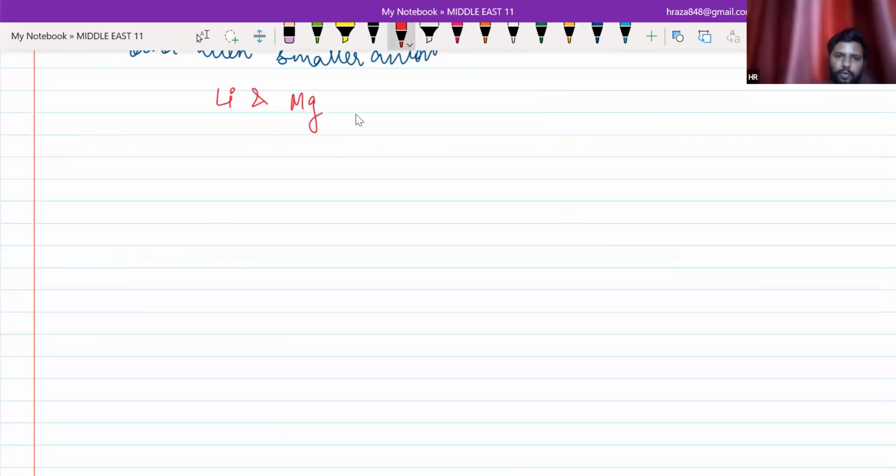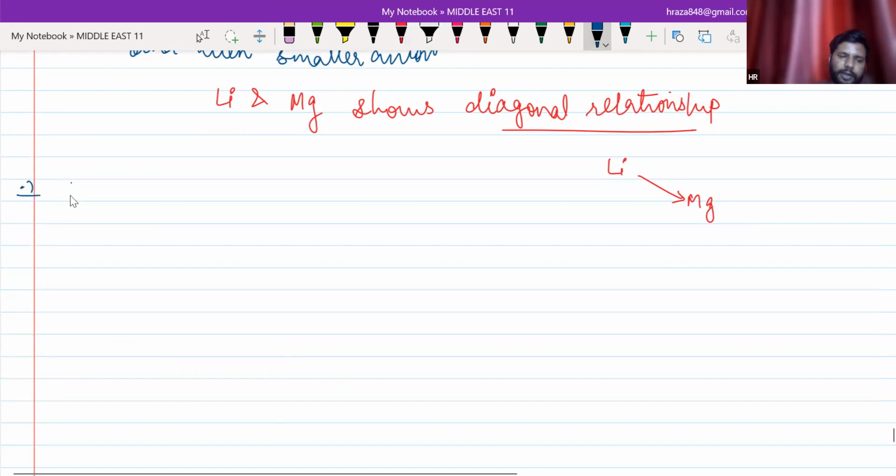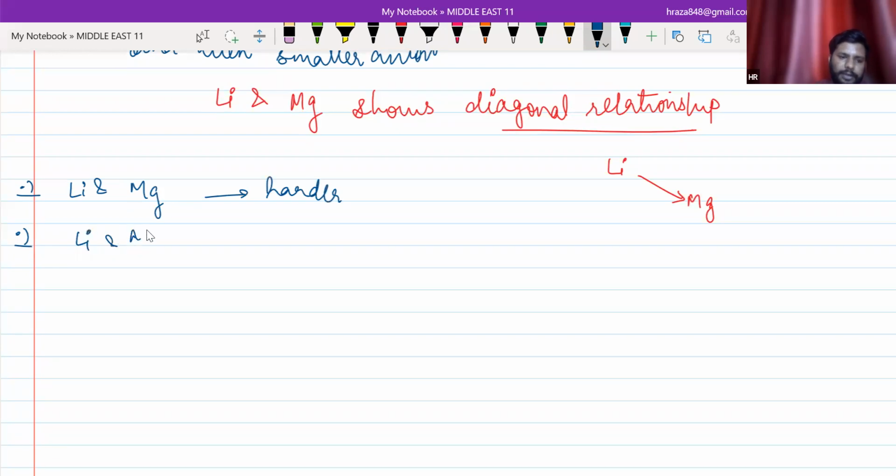Lithium and magnesium show a diagonal relationship. Basically, some of the properties of lithium and magnesium are similar, and it is known as the diagonal relationship because lithium is here and magnesium is here. So what is the similarity basically? Lithium and magnesium are harder in their groups. Also, lithium and magnesium react with cold water.